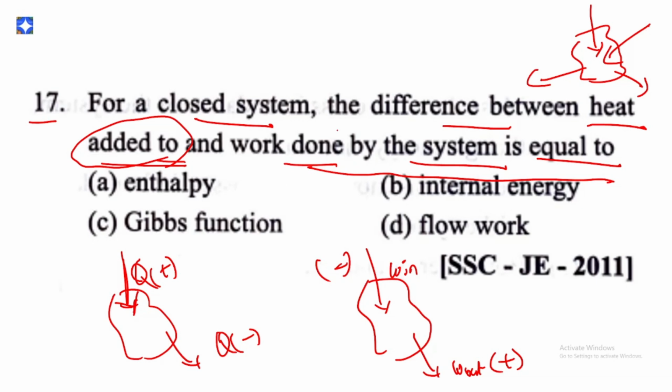So for a closed system, the difference Q minus W is equal to: option A, enthalpy; option B, internal energy; option C, Gibbs function; and option D, flow work. It has been asked in the year 2011. We know the first law, as we saw in the previous question: dQ is equal to dU plus dW.